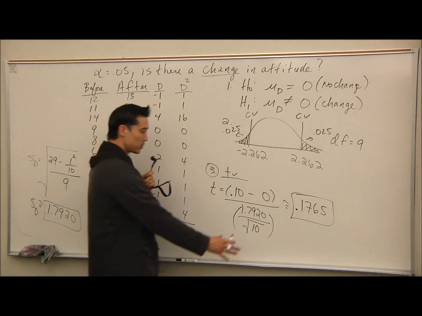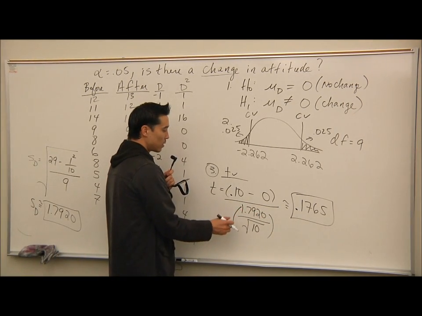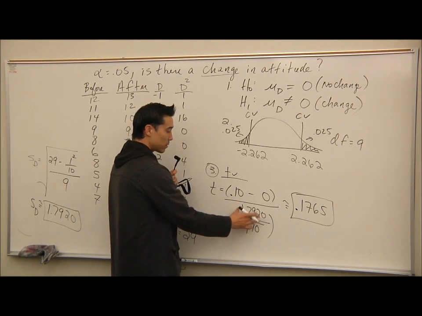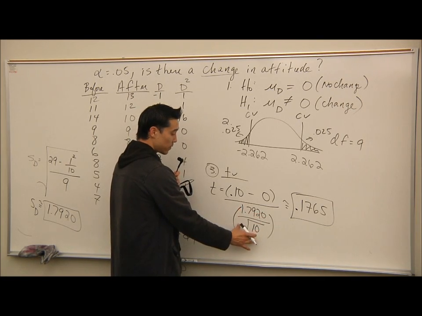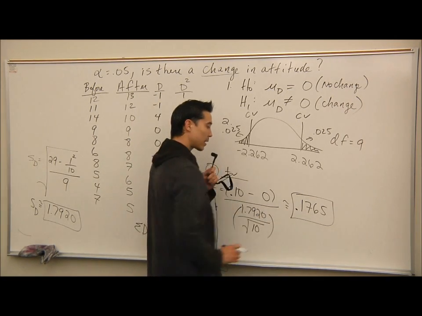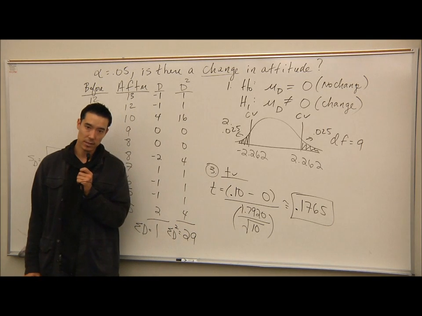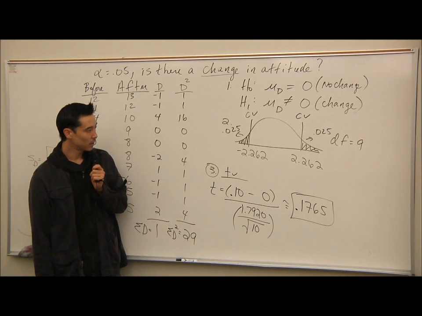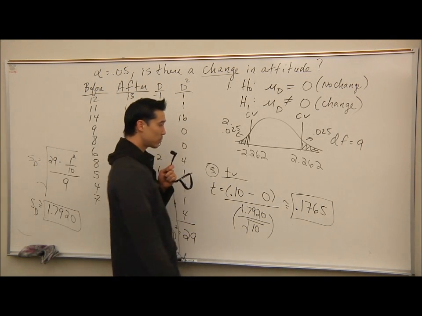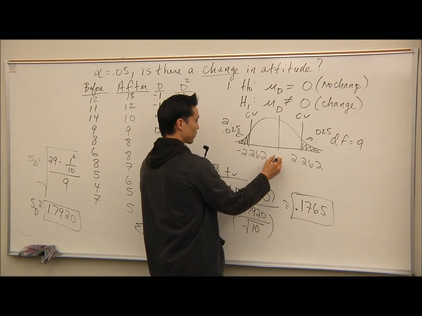And then I just plugged it into the formula. So we have d bar minus 0 divided by 1.7920 divided by square root of 10. And that came out to approximately 0.1765, which is somewhere close to the middle here.